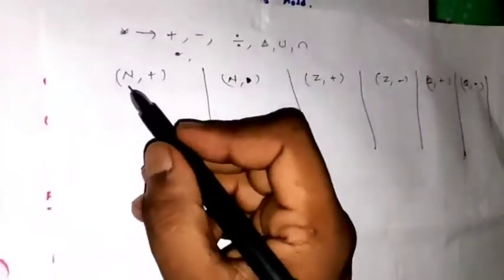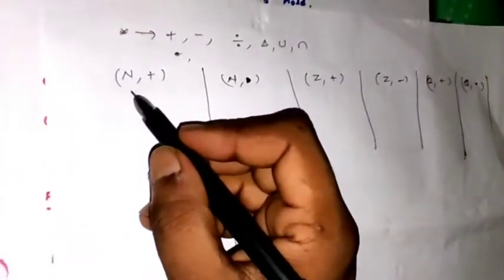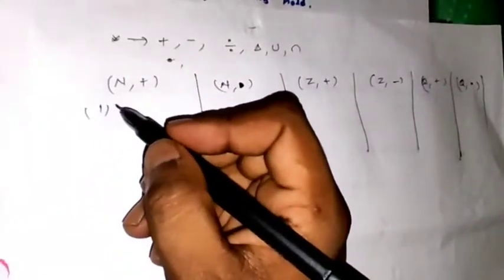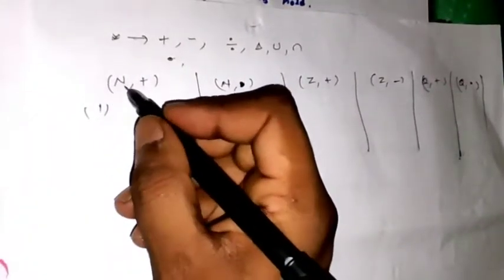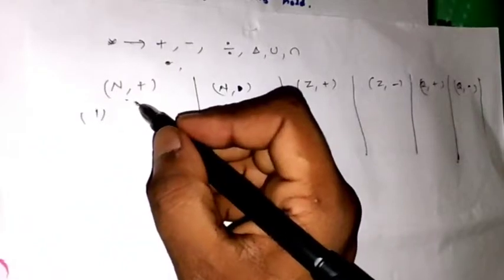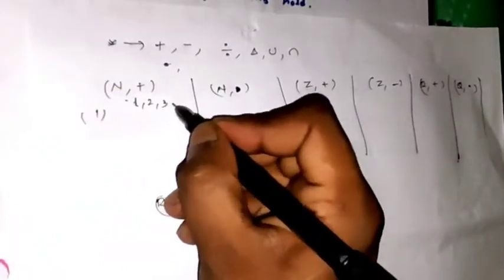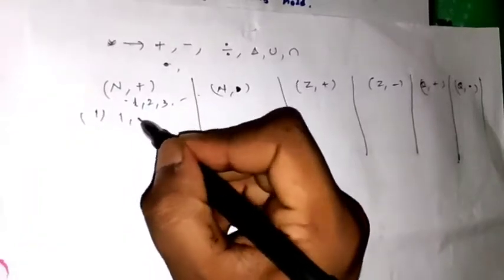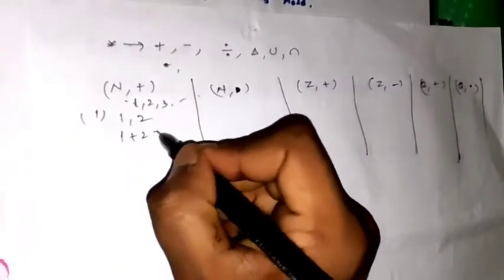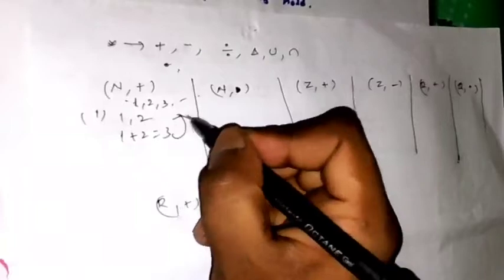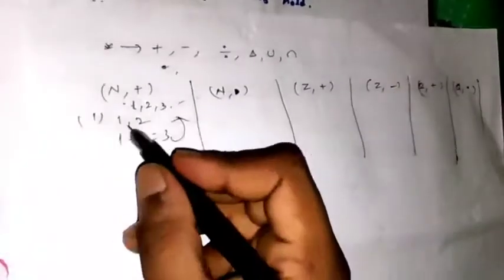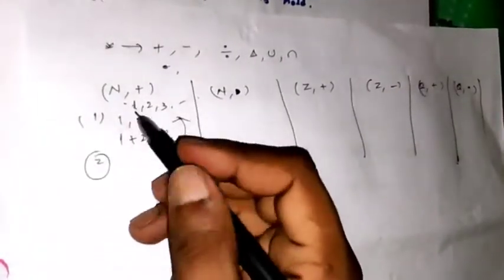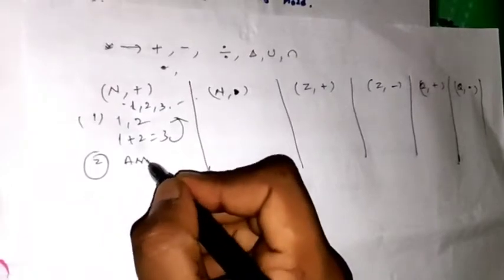Suppose we take any elements. First of all, what is the first property? Closure property. We take any element in the natural numbers. Natural numbers start from 1, 2, 3 and so on. We take any two elements 1, 2, and 1 plus 2 is equal to 3, which again belongs to this set. This satisfies closure, and it also satisfies the associative property.